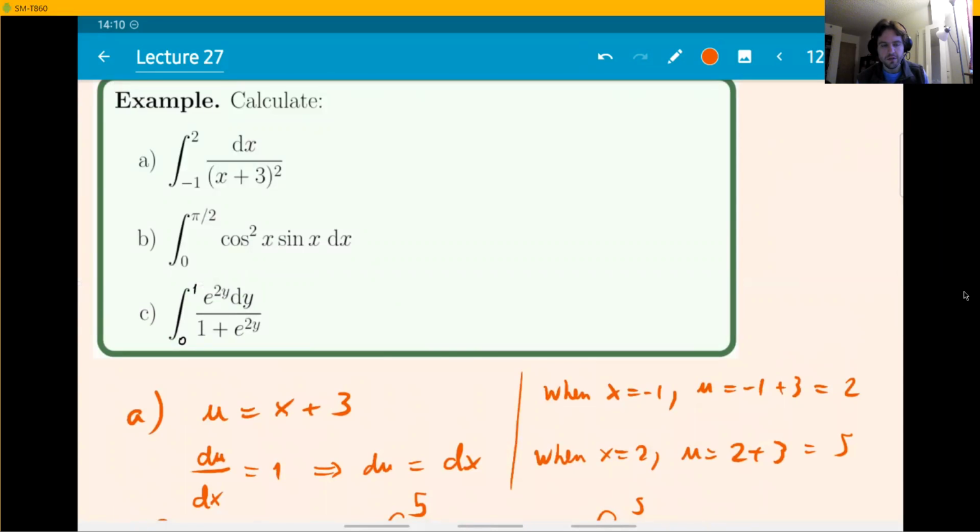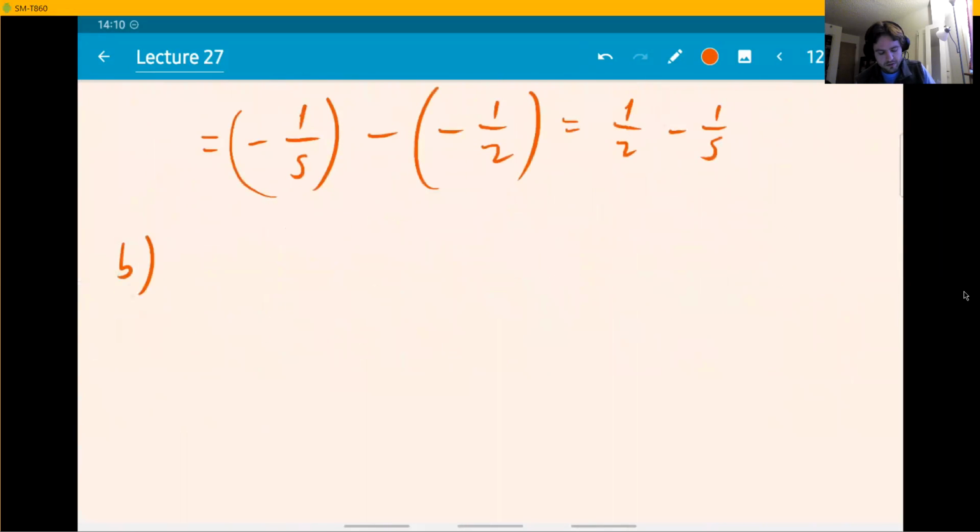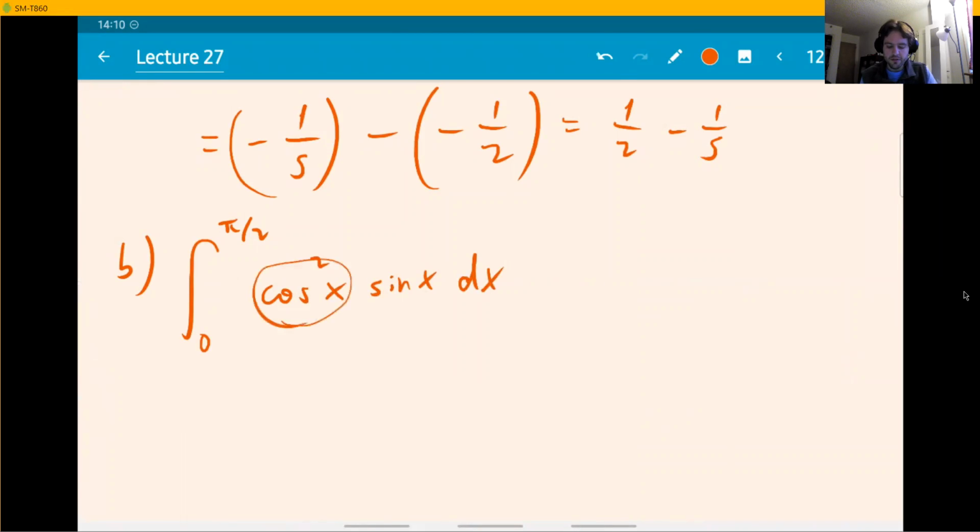So b, 0 to pi over 2, cosine squared of x times sine of x dx. When you look at an integral like this, you'll see a composite function and you see the derivative of the inner function. Kind of. The inner function would be cosine.